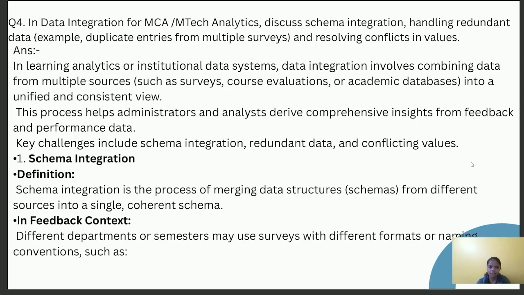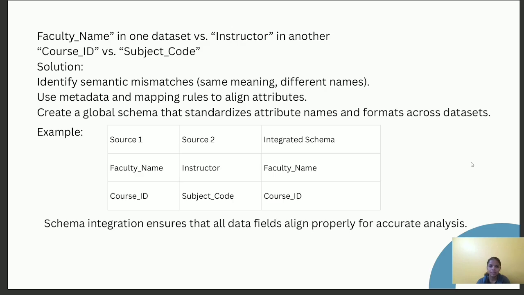In the feedback context, different departments or semesters may use surveys with different formats or naming conventions, such as faculty name in one dataset versus instructor in another, course ID versus subject code. So the solution is identifying the semantic mismatches, same meaning, different names. We use metadata and mapping rules to align attributes, and create a global schema that standardizes the attribute names and format across datasets.